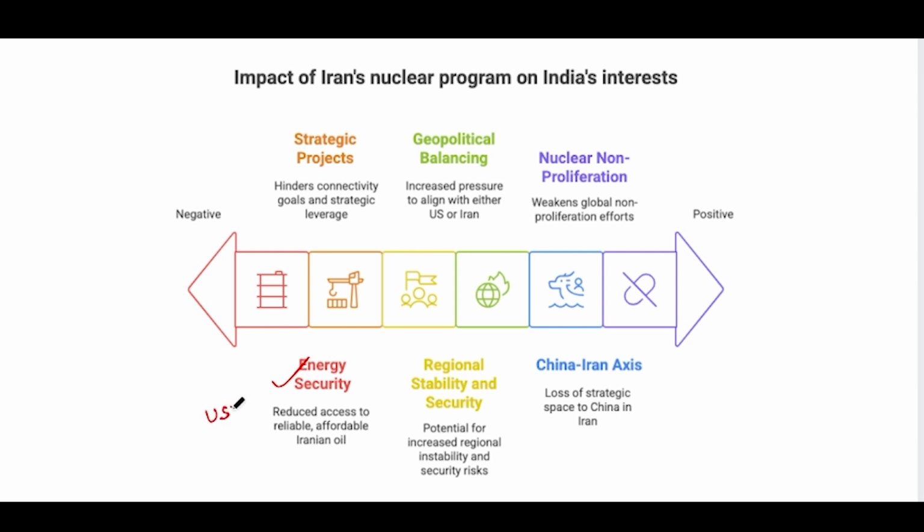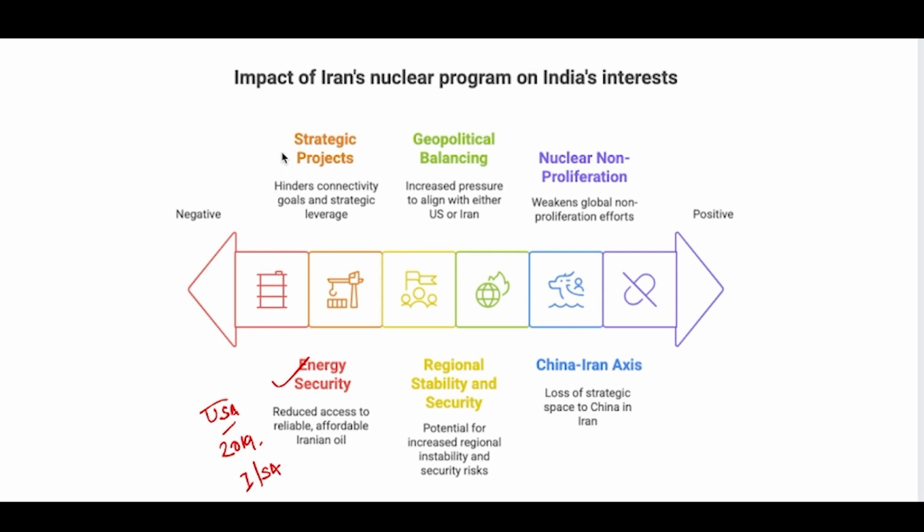Now, US sanctions on Iran, especially under the maximum pressure campaign, have forced India to reduce or stop oil imports from Iran since 2019, which obviously increases India's dependence on volatile Gulf countries like Iraq, Saudi Arabia, and so impacts India's strategic oil reserves and import bills.